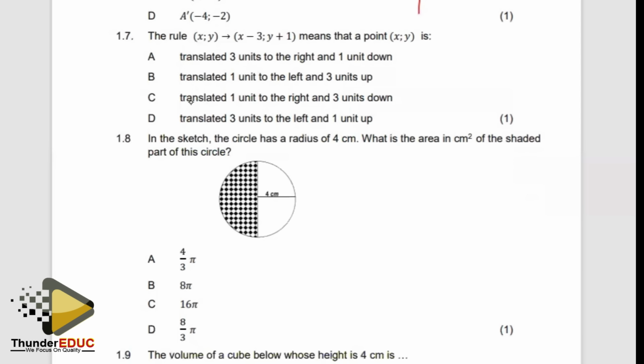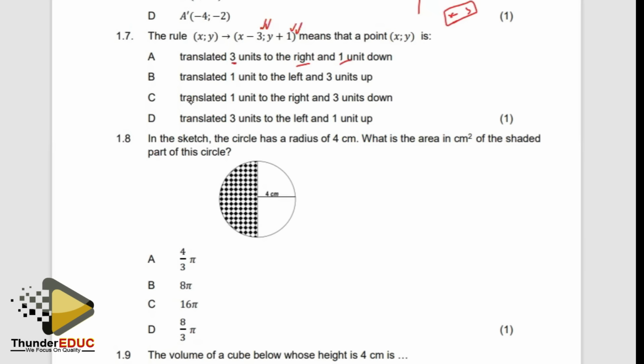Then this rule, x minus 3, y plus 1, means that the point x, y is being translated 3 units to the right and 1 unit down. No. So x minus 3, horizontally we're using 3.